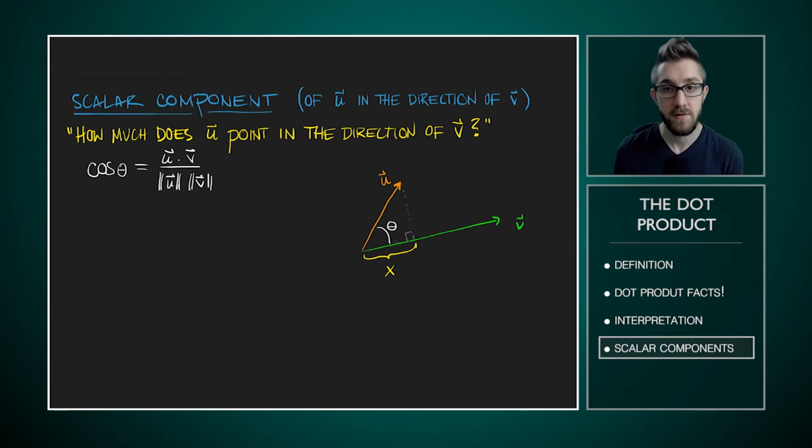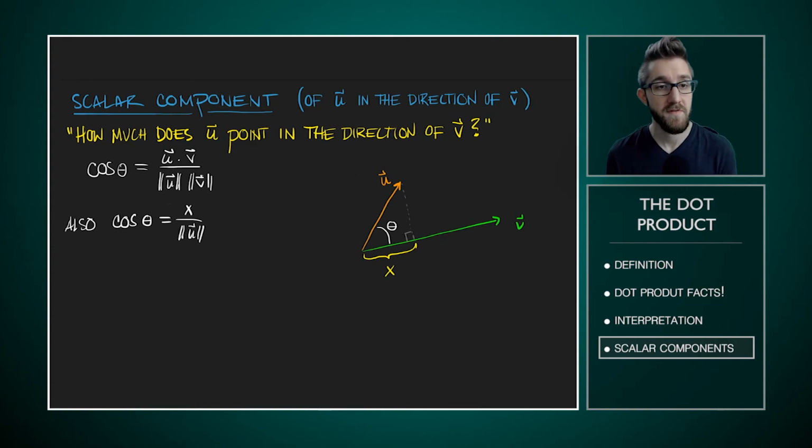We have a right triangle with an angle theta. The side adjacent to theta of this right triangle here has length x. And the hypotenuse has length whatever the length of u is. So we get a second equation that is the cosine of this angle is also equal to x, which is what we're trying to find, over the magnitude of u. So to figure out what this scalar component is, we want to solve these two formulas for x.